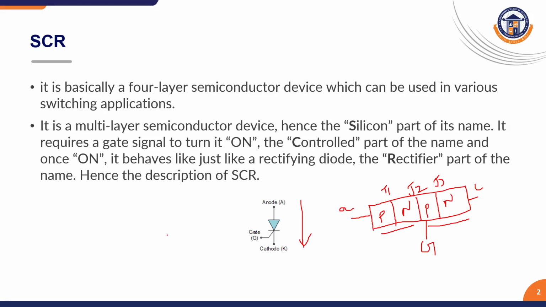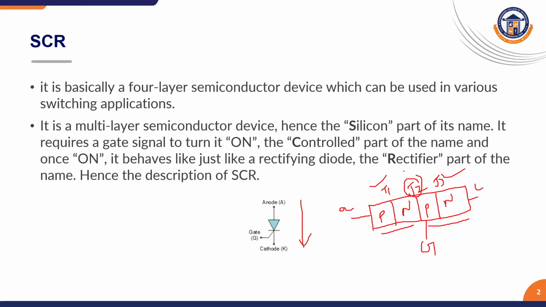Junctions J1 and J3 will be reverse biased, whereas J2 will be forward biased.